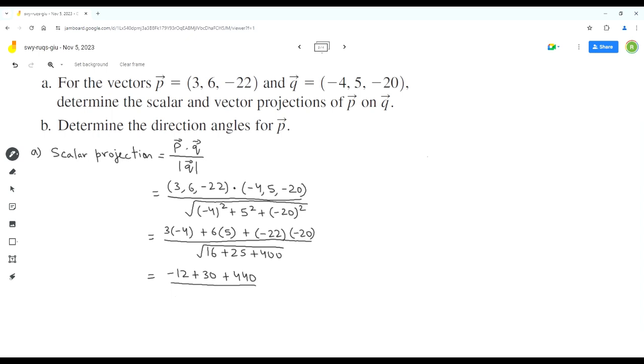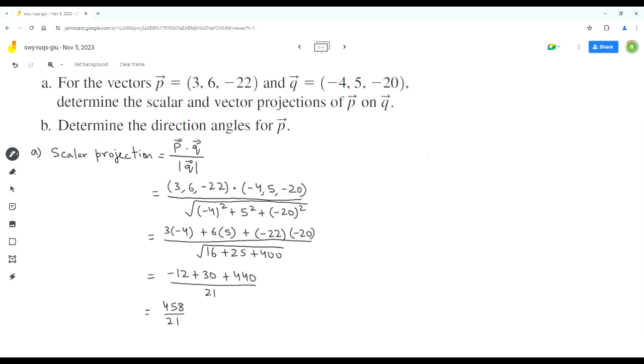And in the denominator, 16 plus 25 plus 400 is equal to 441 and square root of 441 is equal to 21. Now we can add the numbers in the numerator. So I got 458 over 21. So this is the scalar projection of vector P on vector Q.